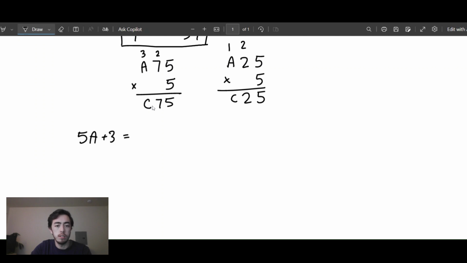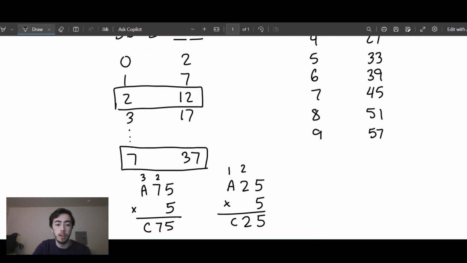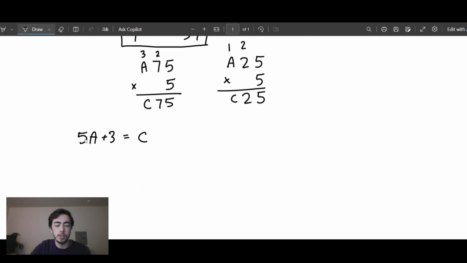Yeah, just C, because if I have a bigger number, then I'll have a thousands digit, and according to the problem, this last number is a 3-digit number. So 5A plus 3 can only return me a 1-digit number.